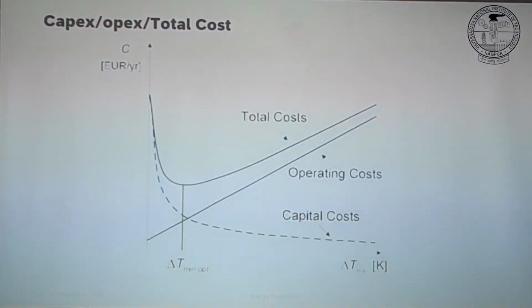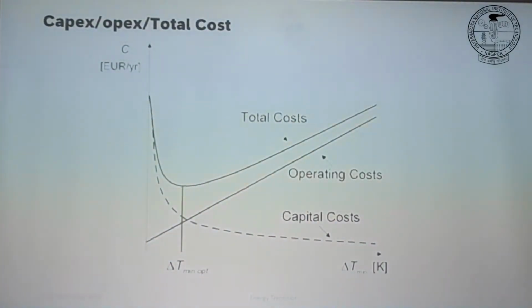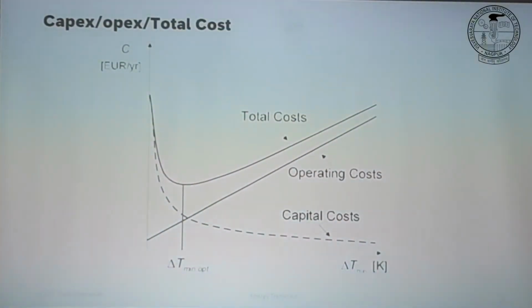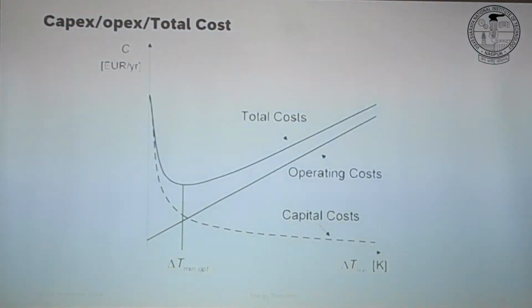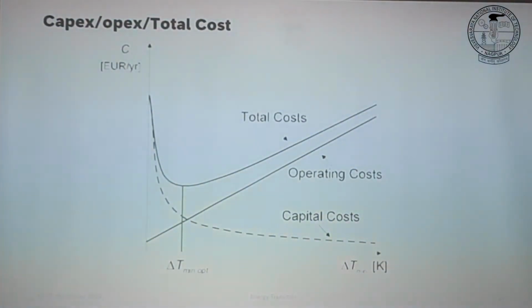Now, you could imagine if you are working on such exercises or such cases, you cannot do such detailed calculation every day, right? So that's why you have design rules. Based on experience, people know that, like we said, a 20-degree approach temperature for a boiling system.